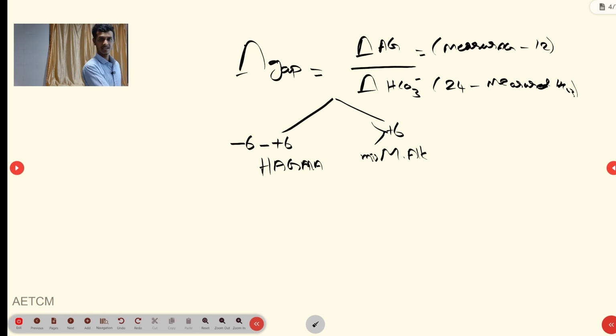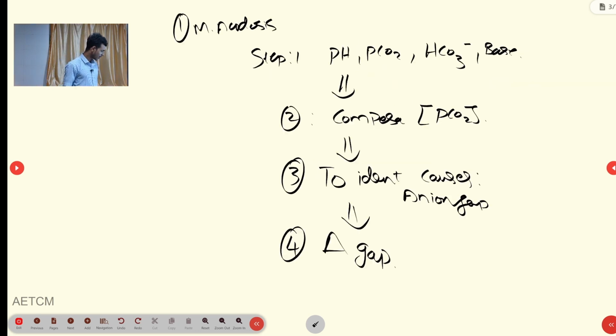If the value is less than minus 6, that indicates normal anion gap metabolic acidosis. Clear? So if the value is more than 6, a mixed metabolic alkalosis is there. If the value stays between minus 6 and plus 6, that indicates high anion gap metabolic acidosis. If it is less than minus 6, that indicates normal anion gap metabolic acidosis. Clear?